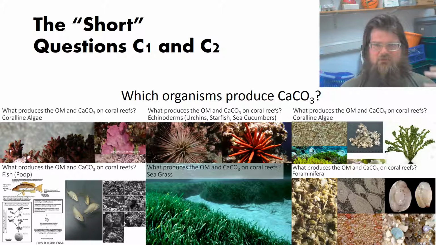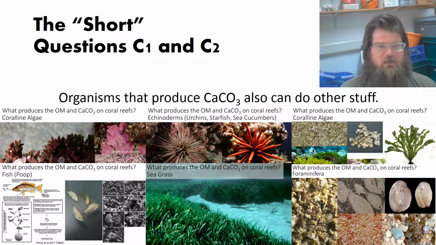They're naked, just organic matter. It says that on the slides just because the slides were set up like that, so when I was talking about them, it would say these are things that produce organic matter and calcium carbonate. Some do both, some just do one, and so forth.